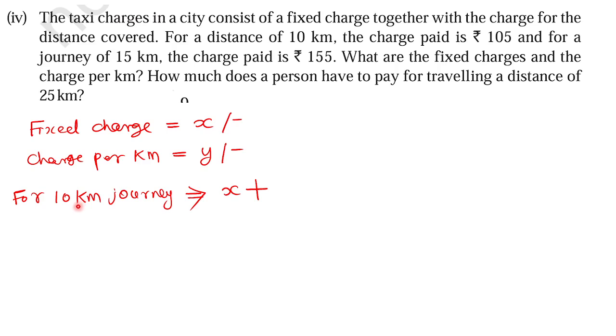Why 10 times y? For 1 kilometer, the charge is y rupees. So for a 10 kilometer journey, the charge will be 10 times y. So the total amount will be the fixed charge x plus 10 times y. This is given as 105. Let it be equation number 1.